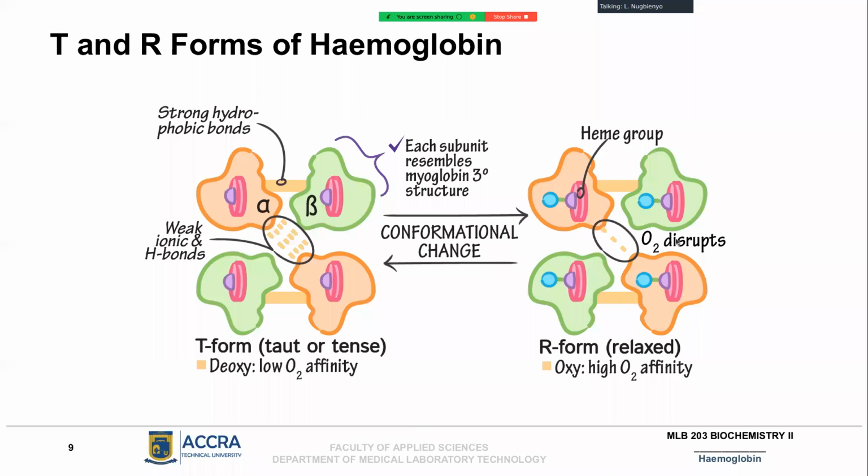So oxygen disrupts these bonds. Of course, the strong hydrophobic bonds between the alpha and beta dimers remain, but the weak ionic and hydrogen bonds between the alpha globins are disrupted, and so this hemoglobin molecule becomes relaxed. That is an oxy form, and that causes high affinity of hemoglobin for oxygen.